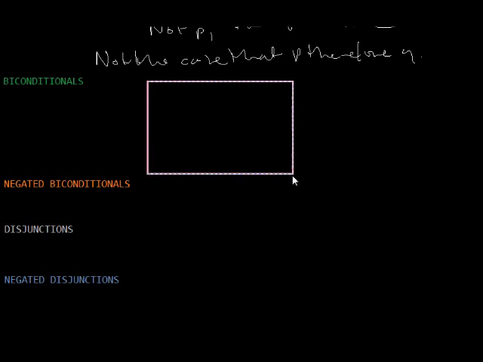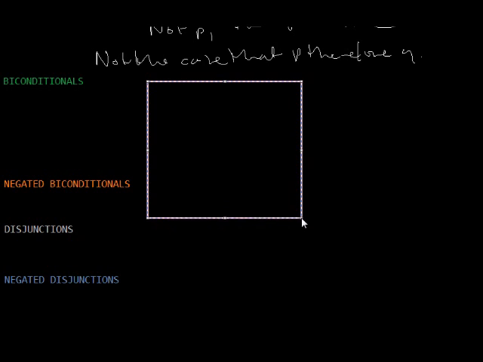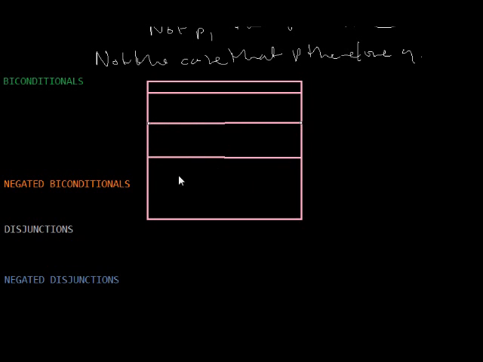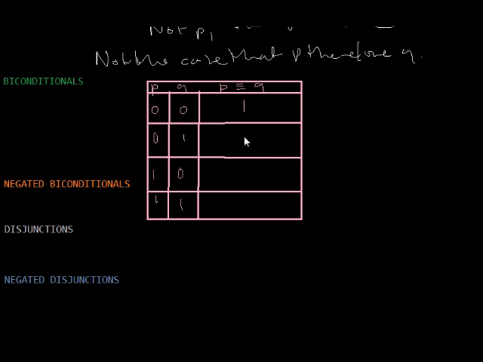So we have these rows, and we'll have P, Q, P if and only if Q. We fill these in with their values, and we look at the truth table, which looks like this.